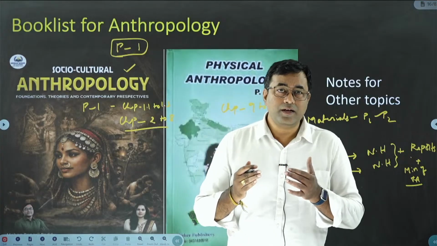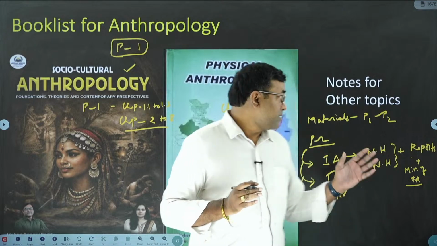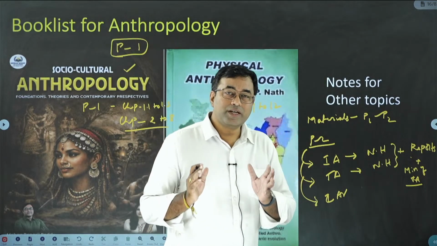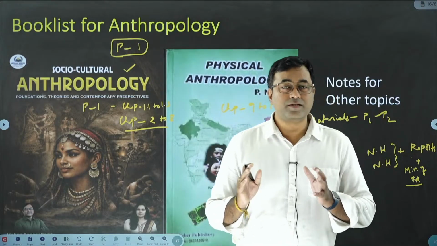We will take the annual reports of each ministry, summarize them, and give them as material so that students can read them easily and write answers effectively to maximize the score.